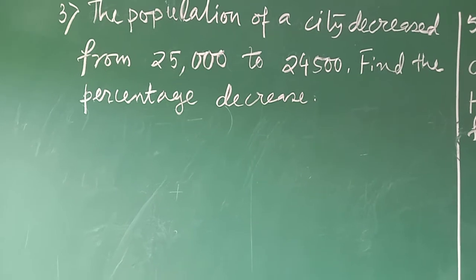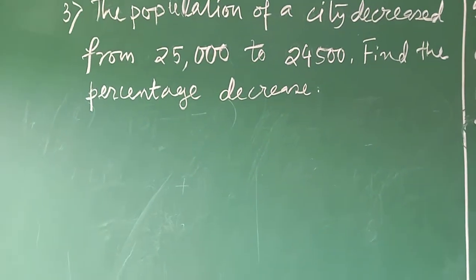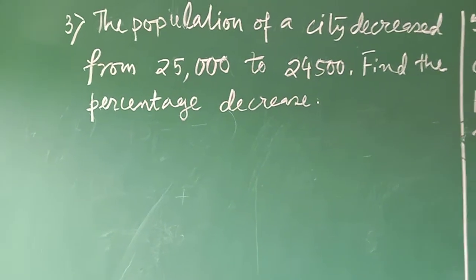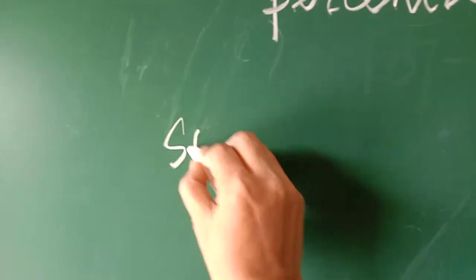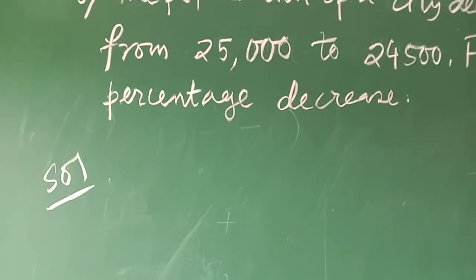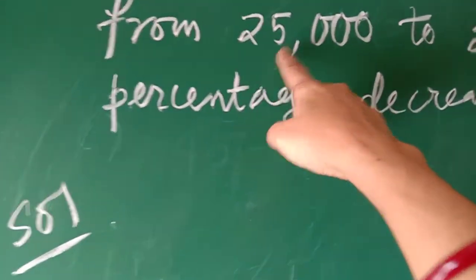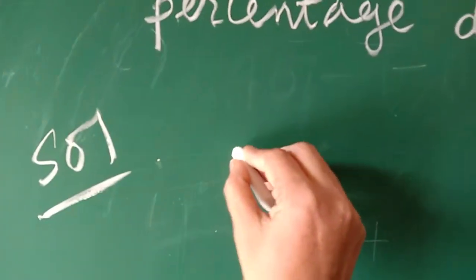Now first of all, to find that percentage, you have to find the total amount of decrease in population. Now you are doing the solution. As we have from 25,000 to 24,500, the population decreases.